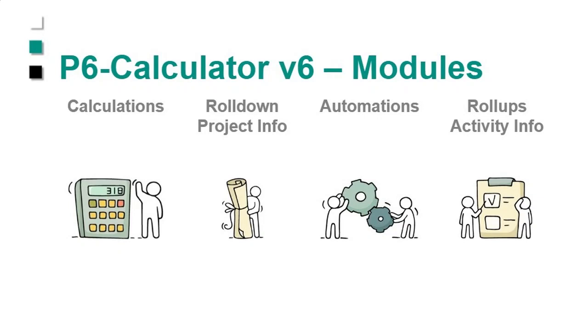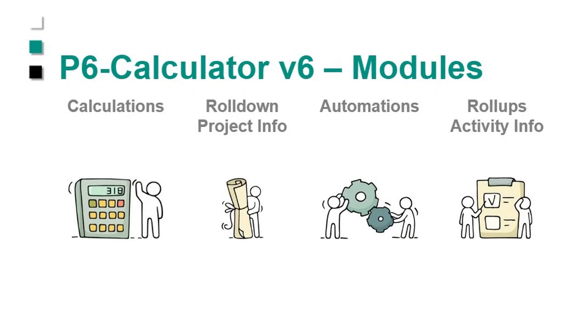We have the ability to do roll downs and roll ups. Roll downs are usually from the project down onto WBSs, activities, resources, expenses, steps. And roll-ups are usually the opposite. Okay, so usually from steps, expenses, resources, to activities, to WBSs, to projects. So it's the opposite.